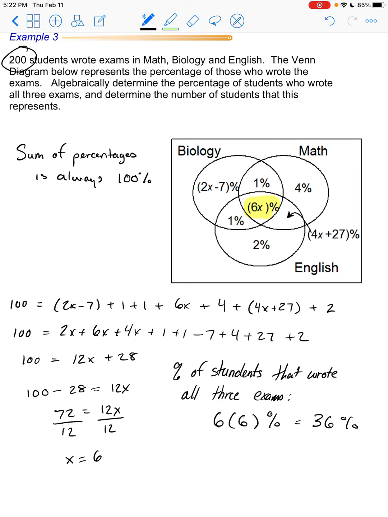And now we're talking about what's the number of students that represents. Well, that's asking us what's 36% of 200. So 36% of 200 is the number of students.